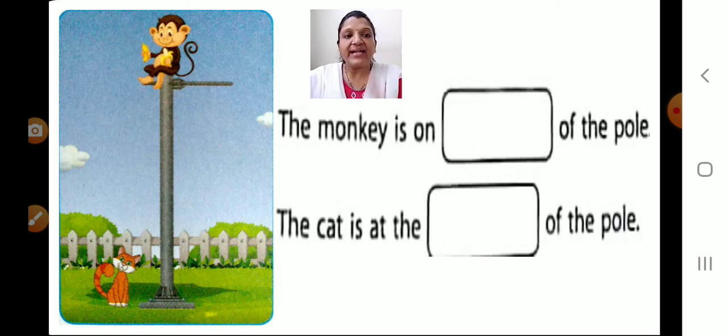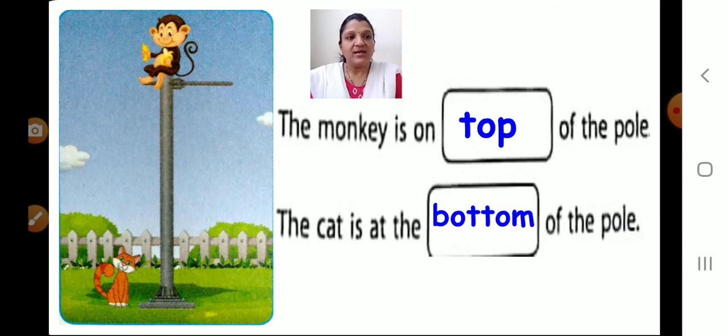And the cat is at the dash of the pole. Where is the cat? The cat is at the bottom of the pole. Correct. So we have to write the answer in the box like this.